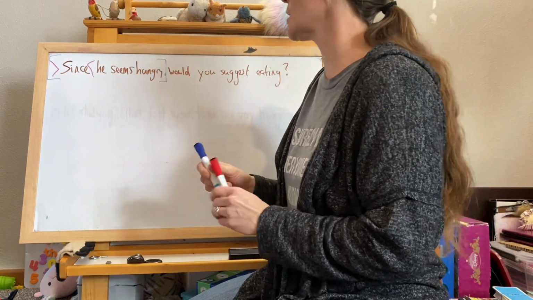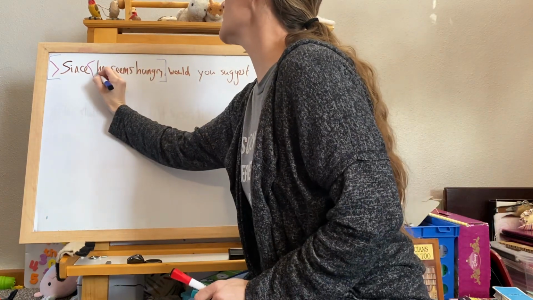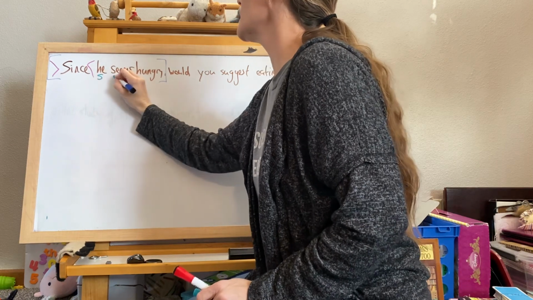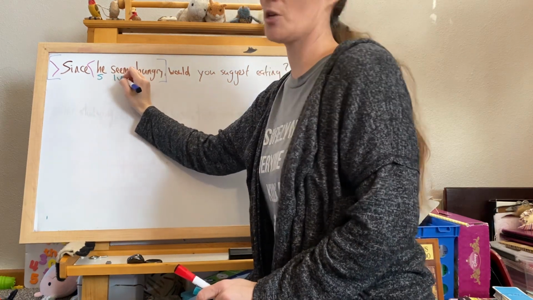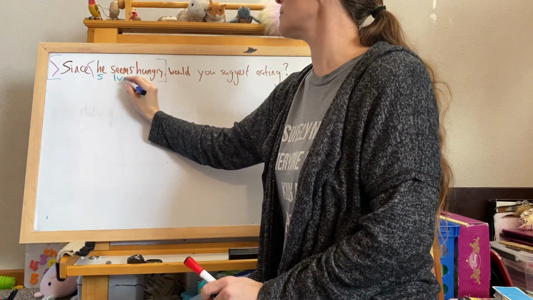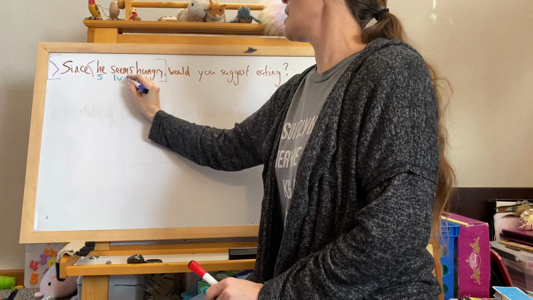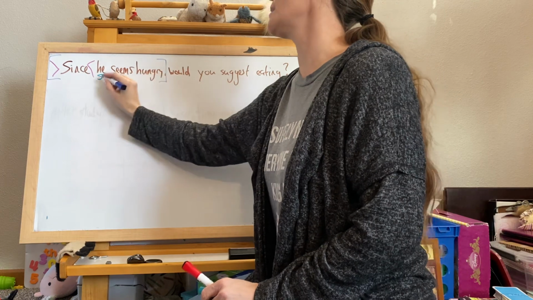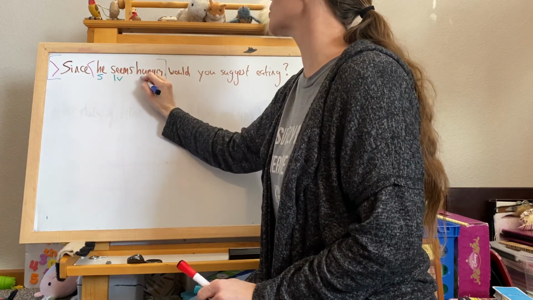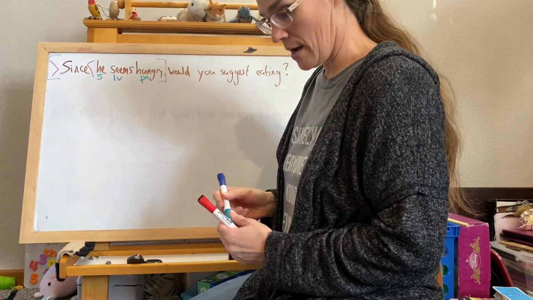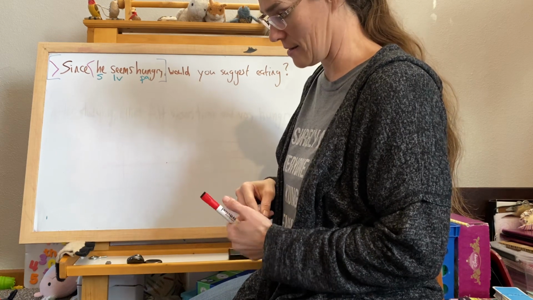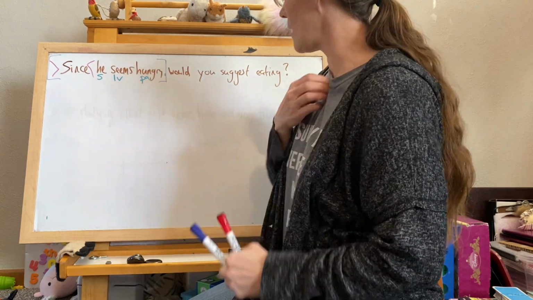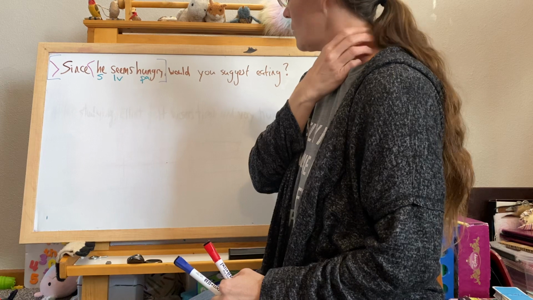And within our subordinate clause, who is this sentence about? He. He seems, oh, there's our sensory linking verb again. He seems what? Hungry. Does that describe or rename he? It describes, so it is our predicate adjective.